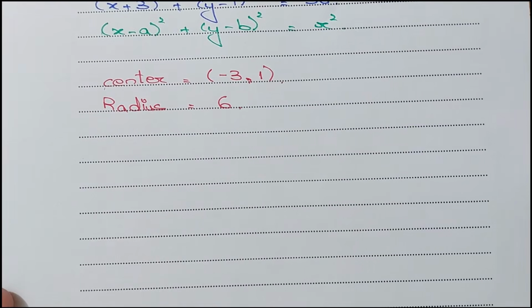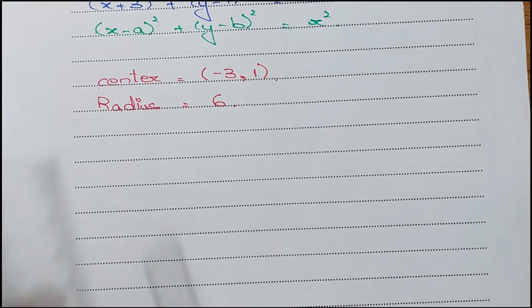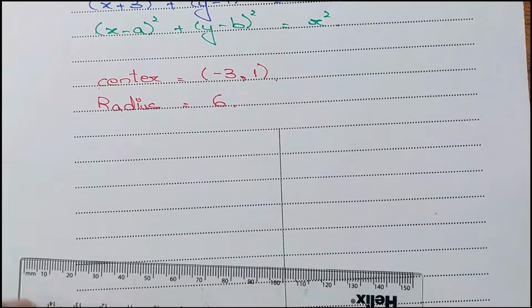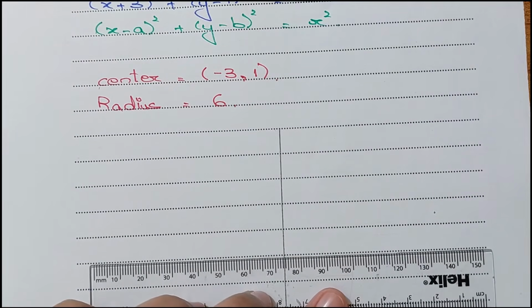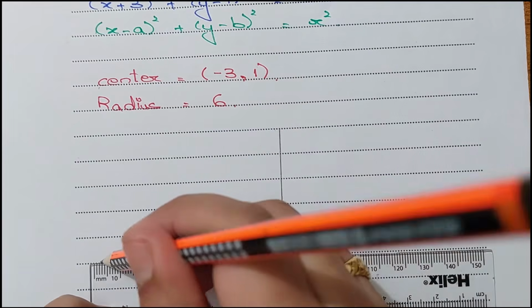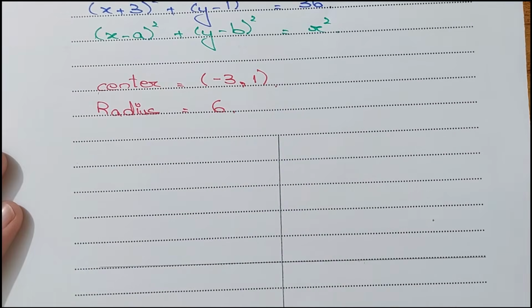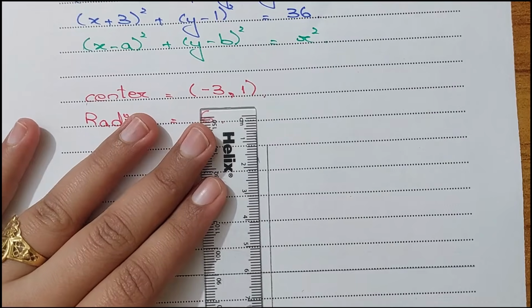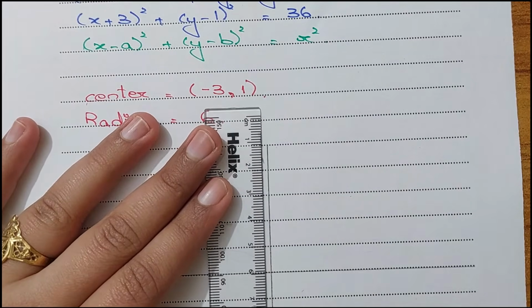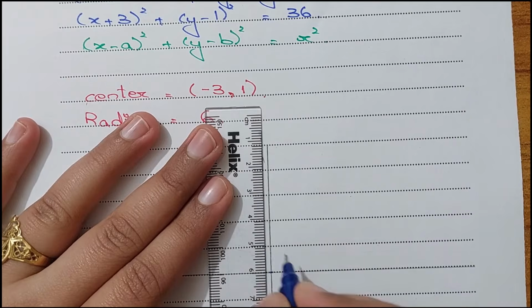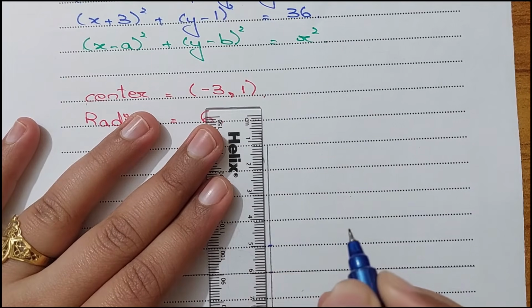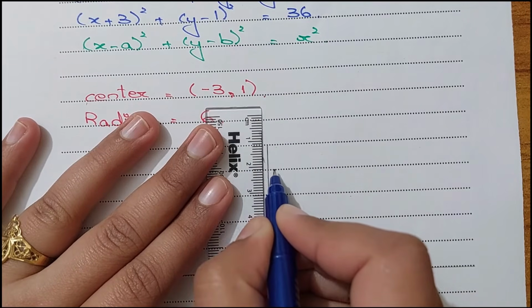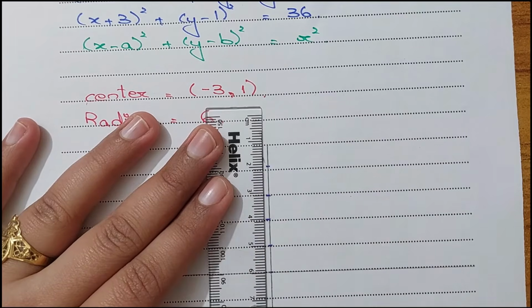Let me show you guys if I draw the circle over here. Okay, so if I use the scale for centimeter, so this is 0, 1, 2, 3, 4, and so on.